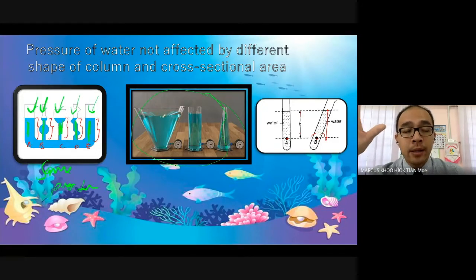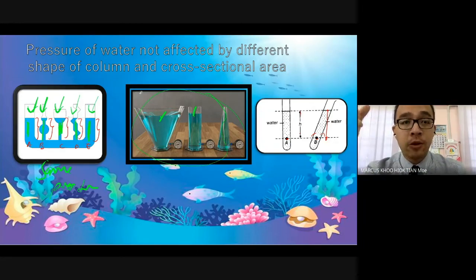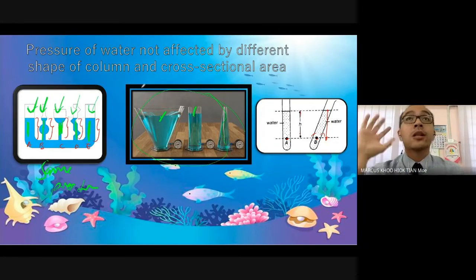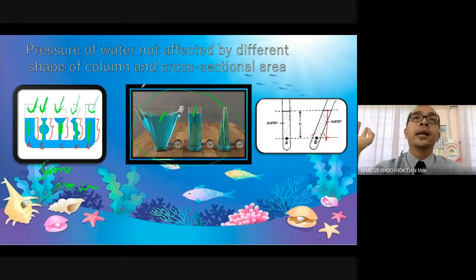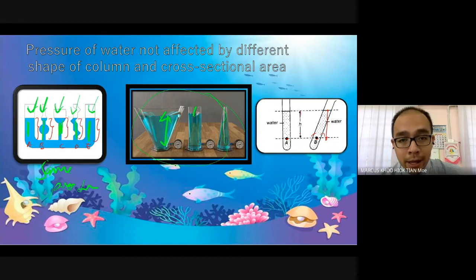But the shape being bigger than this doesn't mean that this and this have different pressure. No. This is very important because we are very affected by shape. When we see a big shape, we think, oh, there is a lot of water. Not necessarily, the shape doesn't affect it. It is the height that is important. As long as they are at the same height, the pressure is the same, regardless of the shape.